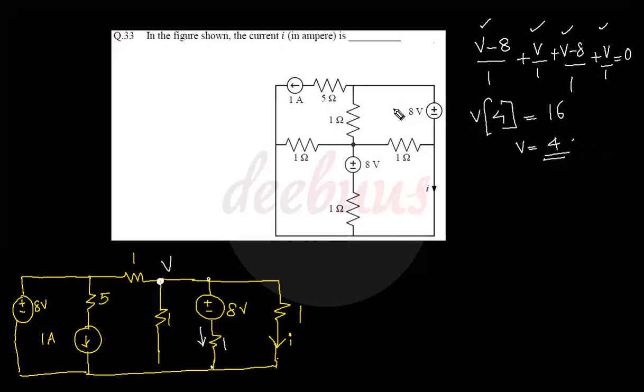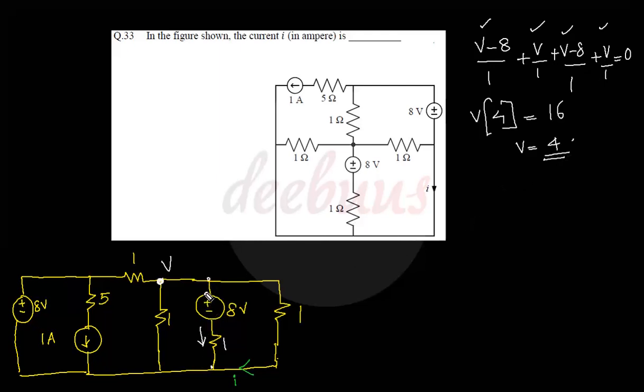Now we have to calculate the current as shown in the figure. Actually the current direction is given between the two 1 ohm, so I am changing it; the current direction is here, not here. Now the current flowing through this arm: we have calculated V equal to 4 volt.